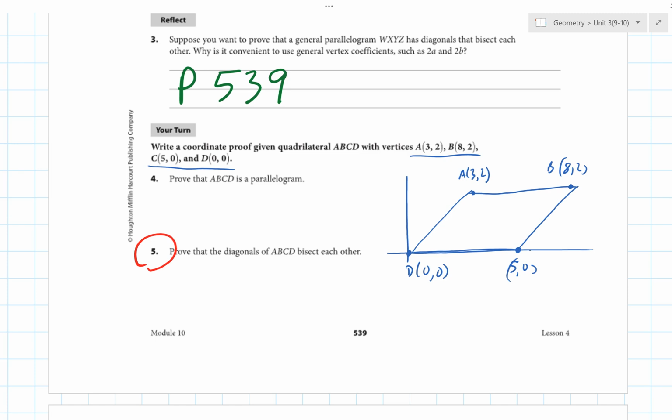And actually we won't use the distance formula for this one to tell if the diagonals bisect each other. We just need to see if the diagonals intersect one another at each other's midpoint.